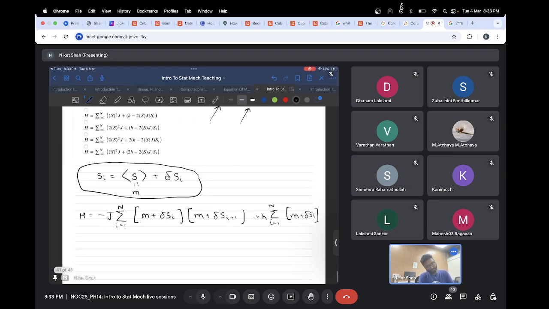Now let's write it out: minus J sum over i equals 1 to N of M squared plus M delta Si plus M delta Si plus 1 plus delta Si delta Si plus 1, plus H sum over i equals 1 to N of M plus delta Si.